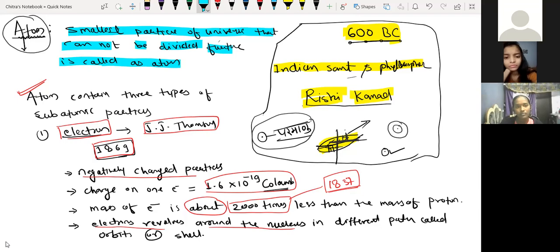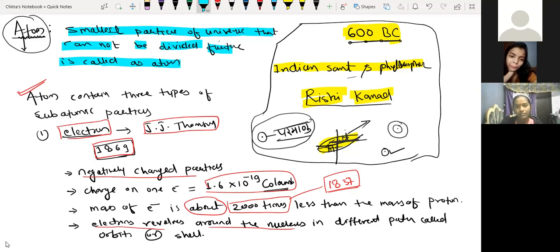So let's discuss the subatomic particles. See, an atom cannot be divided further according to Rishi Kanad. Even so, many scientists came into existence, like James Chadwick, J.J. Thomson, Goldstein, and Rutherford.